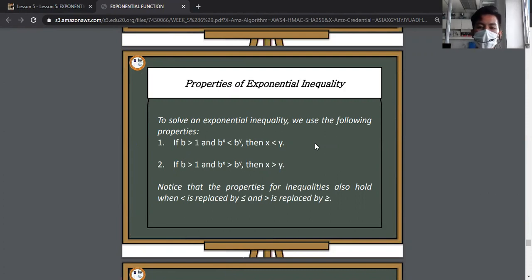If b is greater than 1 and b raised to x is greater than b raised to y, then x is greater than y. Notice that the properties for inequalities also hold when less than is replaced by less than or equal and greater than is replaced by greater than or equal.